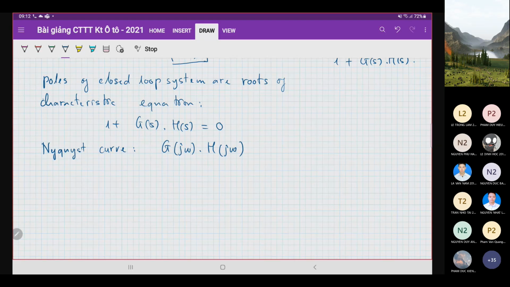When we plot this, we call it the Nyquist diagram of the open loop system.